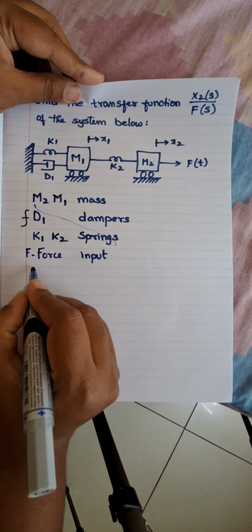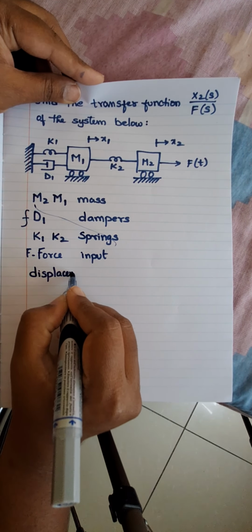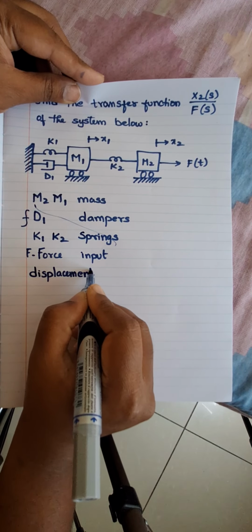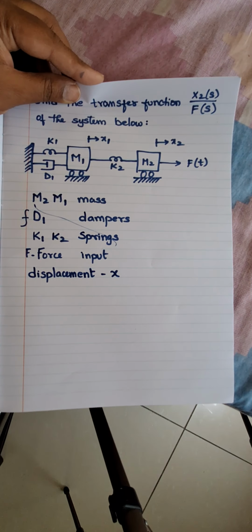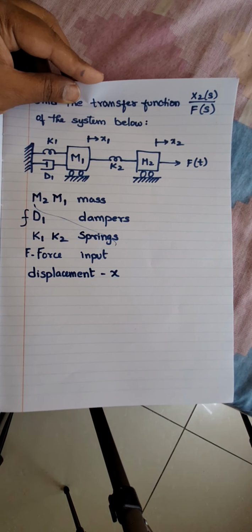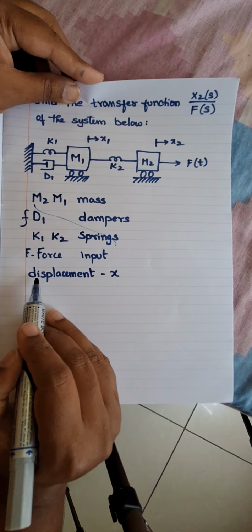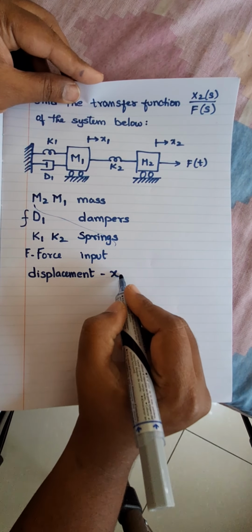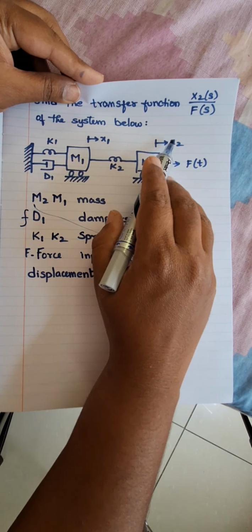So that is called displacement, and it is represented as x. When you forced me, I was moved, meaning I was displaced. So the displacements are x1 and x2 here.